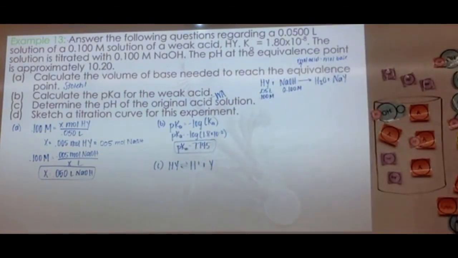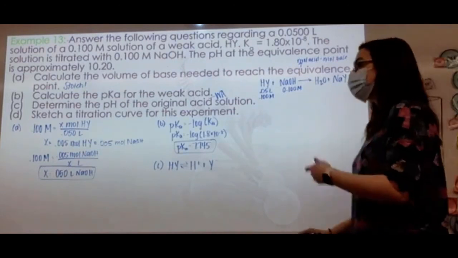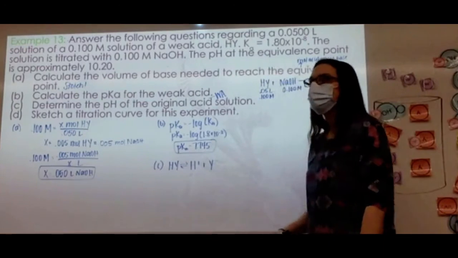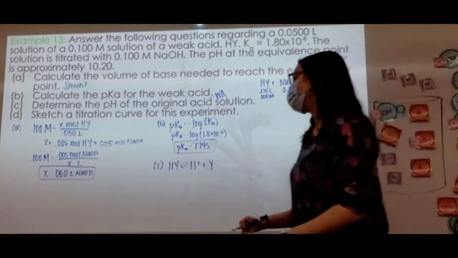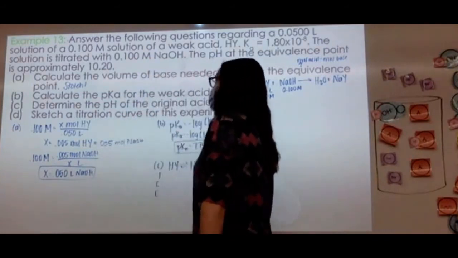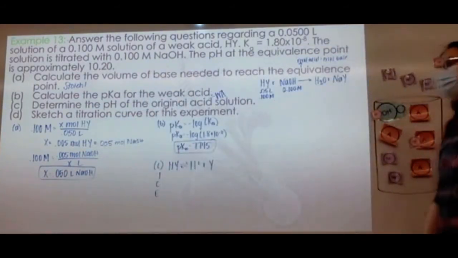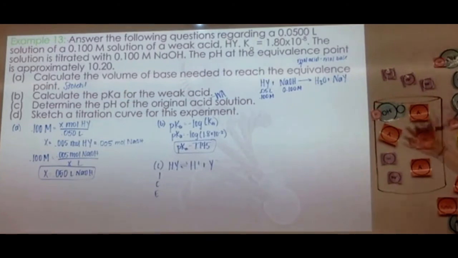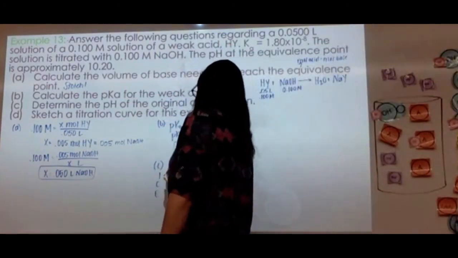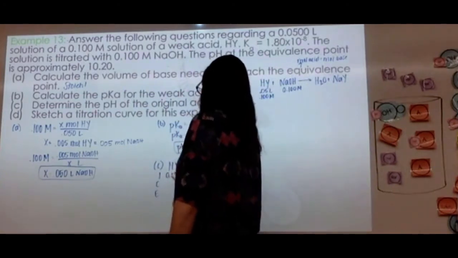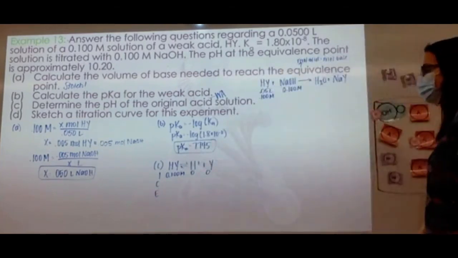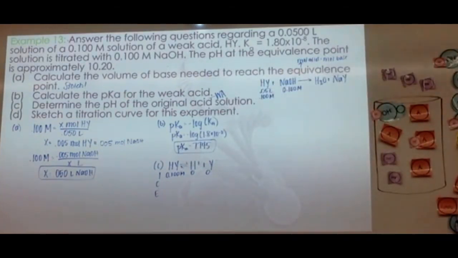To find the pH of a weak acid, we did this in chapter 16. You put it at equilibrium with its ions. If you need a calculation, you use an ICE table. Then you go through and you solve. The original acid solution, the only thing that we have is HY. The only thing we have initially is 0.1 molar HY, and then we fill in our ICE table.